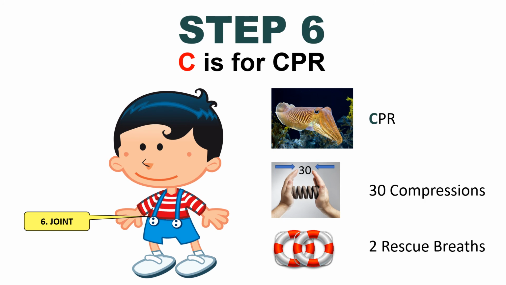The 2 rescue rings were there to represent the rescue breaths. So CPR is conducted 30 compressions to 2 rescue breaths. Now, if you do not have a face shield to perform the rescue breaths, just continue with the chest compressions until help arrives.